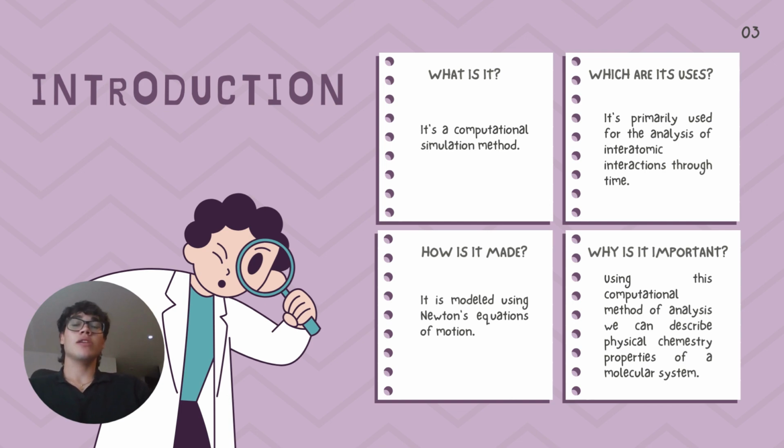In this case, we use GROMACS as the HPC. All this to describe the physical chemistry properties of a molecular system, such as entropy, viscosity, solubility, or pressure. Finally, from this, we get a file with the coordinates of the motion of the particles, and that's called a track.